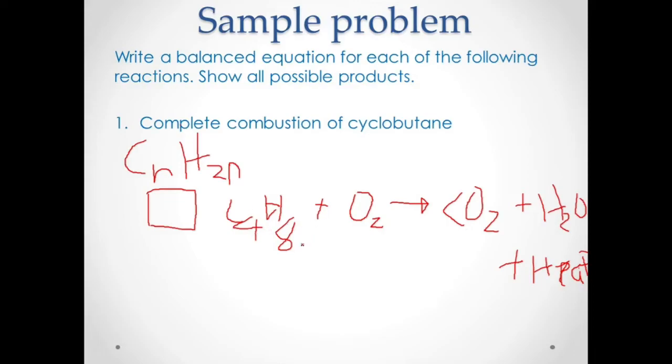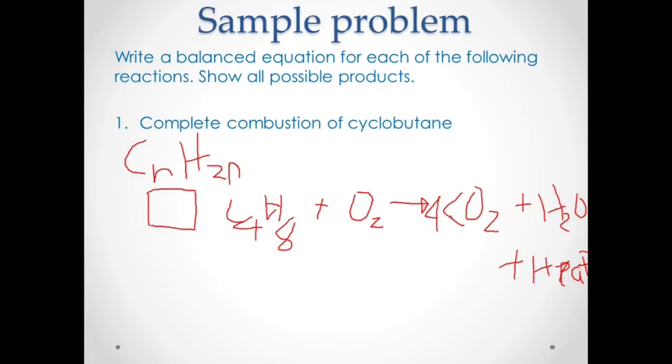So how many carbons are there in your reactant? There are 4 carbons. But on the product side, there is only 1 carbon. So you put a coefficient of 4 before the carbon dioxide so that your carbon is now balanced. You have 4 carbon on the reactant and 4 carbon on the product side.